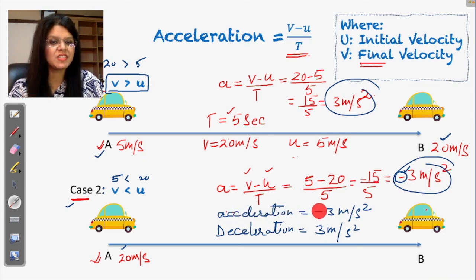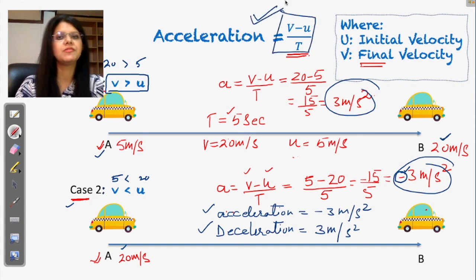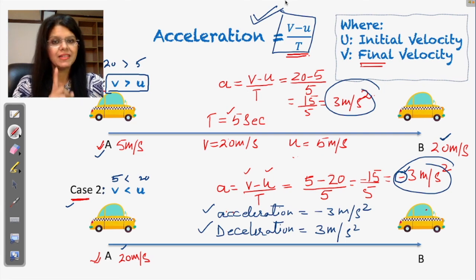Either you say acceleration is minus 3 meters per second square, or you say that deceleration is 3 meters per second square. So these are the two ways in which you can mention your answer. And please trust the formula, which is very, very important. It is V minus U over T, and never make it U minus V over T just because you want to get a positive answer.